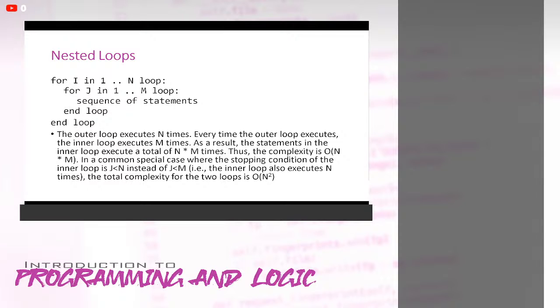In that case it makes the total complexity for the two loops O of n squared, because you're still running n operations n times through the loop. So it's n times n, which is n squared.